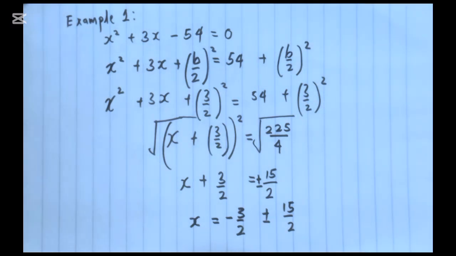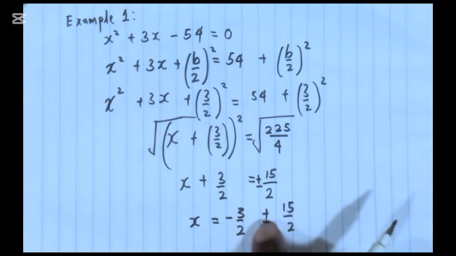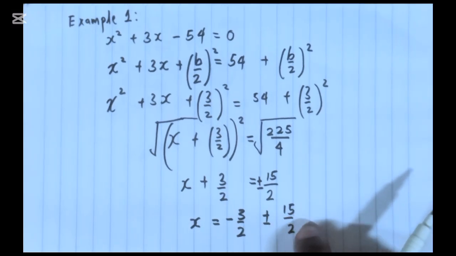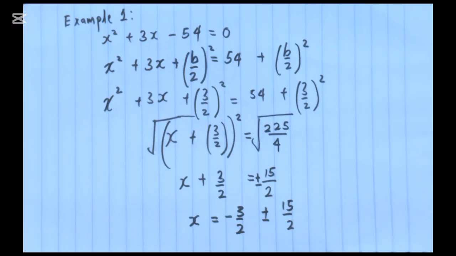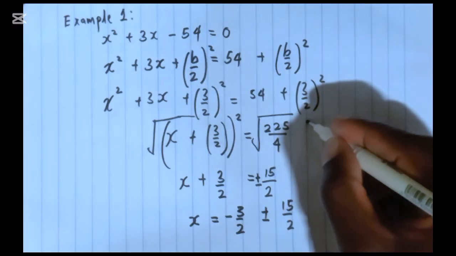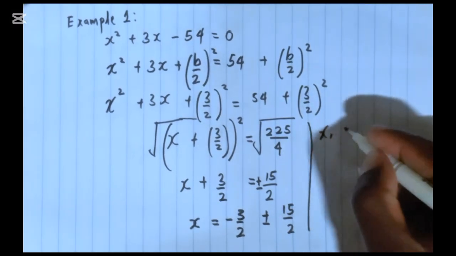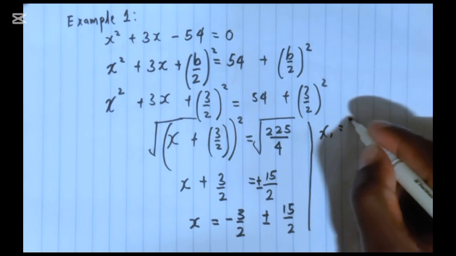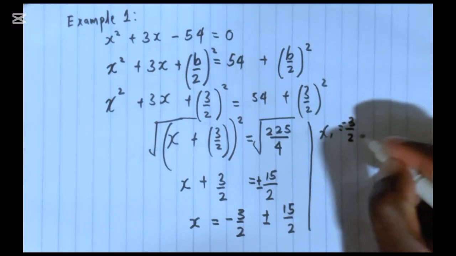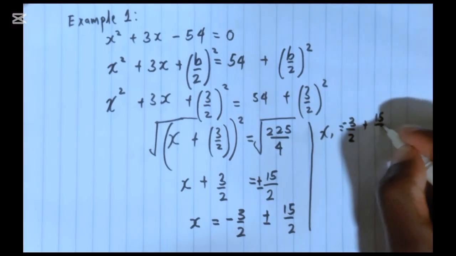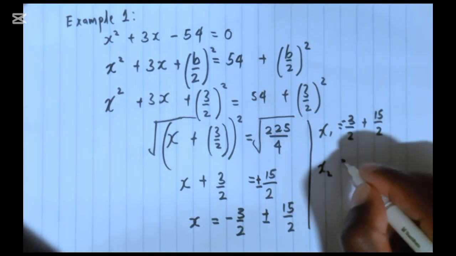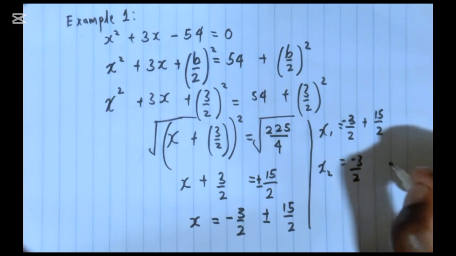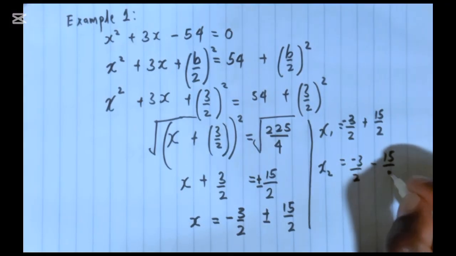We're going to find the first value of x by treating the root of 15 all over 2 as a positive, and then for the second value we will treat the root of 15 all over 2 as negative. So for x1, we will have negative 3 all over 2 plus 15 all over 2, and for x2, we will have negative 3 all over 2 minus 15 all over 2.